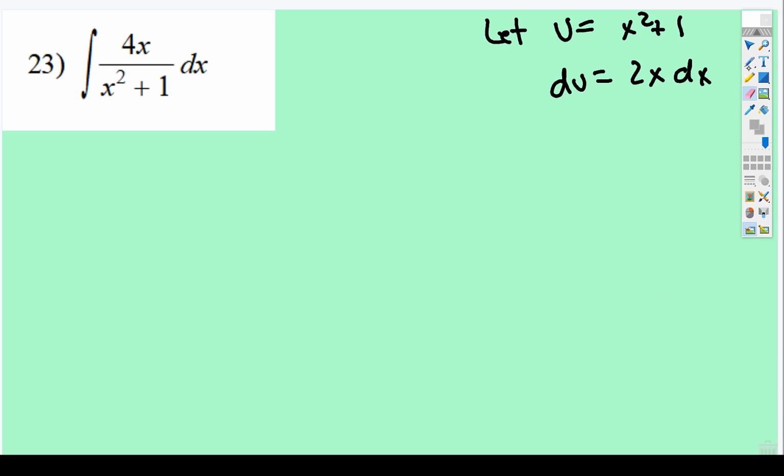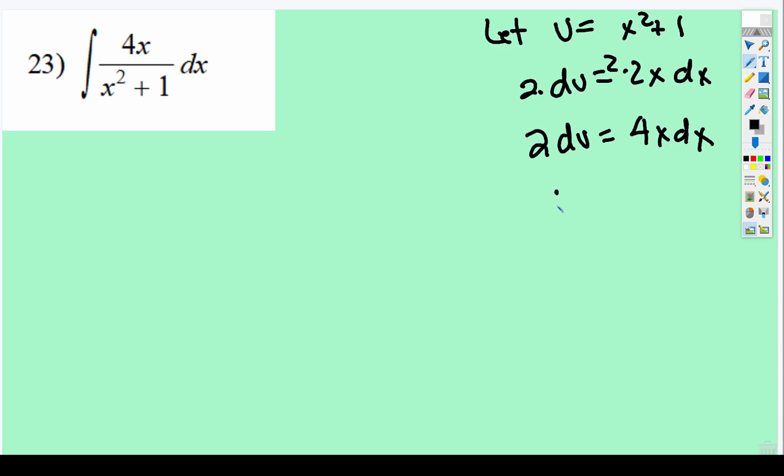But here's a problem. That does not match what we have. This says 2x. Whoops. This says 4x. So to get this to be 4x dx, we would have to multiply both sides by 2. So 2 du is equal to 4x dx.